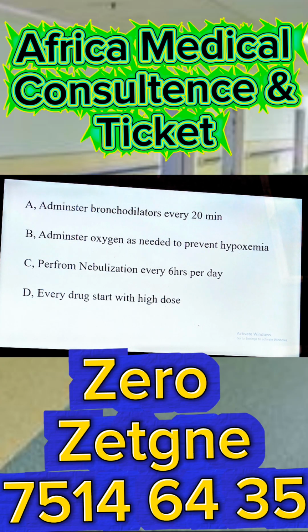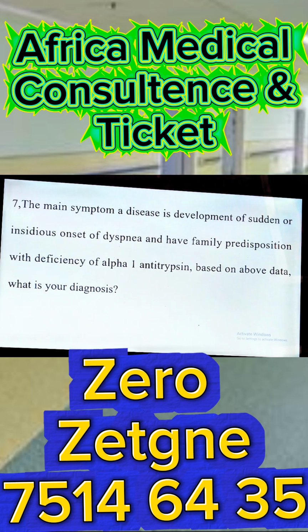A. Administer bronchodilator every 20 minutes. B. Administer oxygen as needed to prevent hypoxemia. C. Perform nebulization every 6 hours per day. D. Every drug start with high dose. So the correct answer for question number 6 is D. Every drug start with high dose.